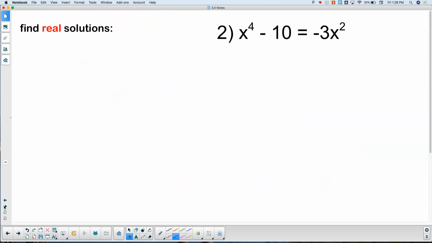Okay, let's try this one. We'll do this one together, and then I got one more for you to do on your own. Step number 1 says what? Set equals 0. So how am I going to get this one equal to 0? Add 3x squared to both sides.